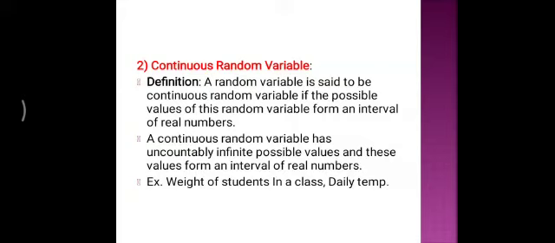Now the next example is daily temperature. We know that daily temperature is either increasing or decreasing. It is never the same as today. If today is 30 degrees, then tomorrow it will be 32, 33, whatever, it will change.